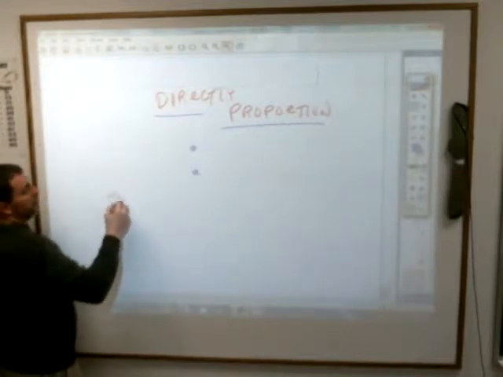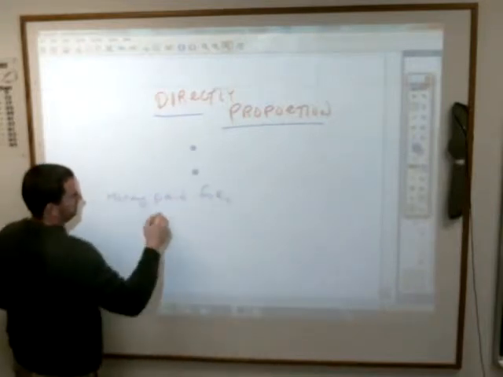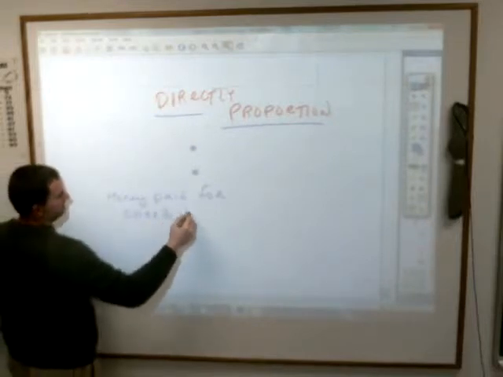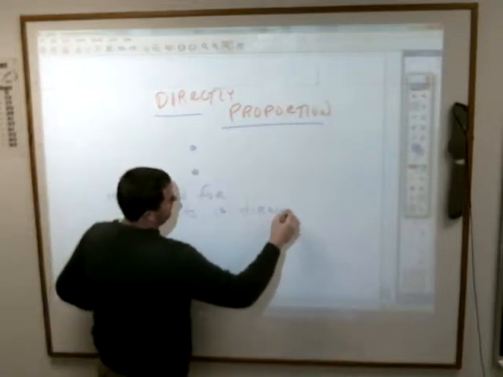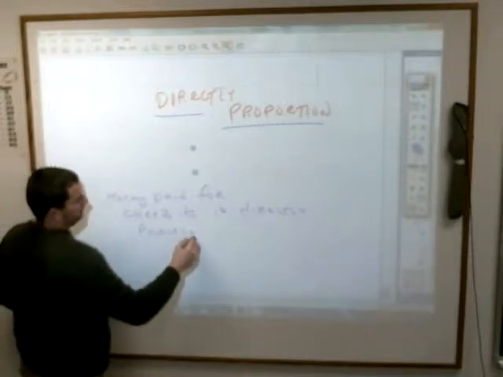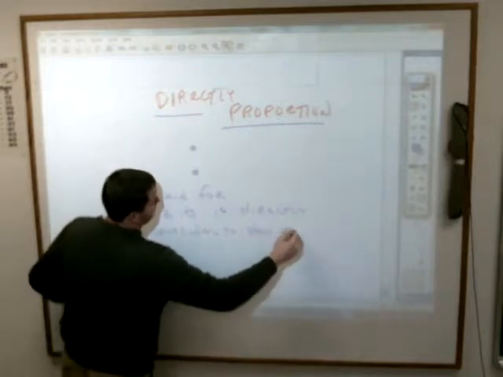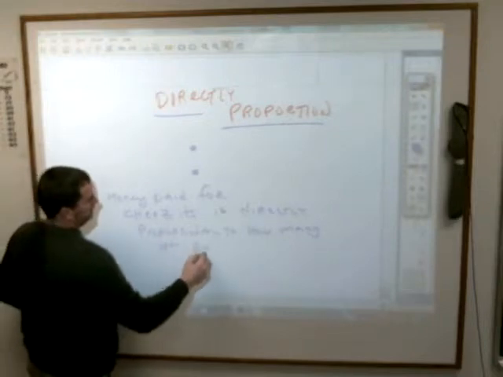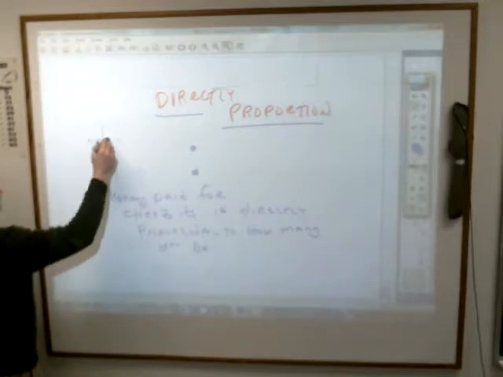The money you pay for Cheez-Its, I believe they spell them like this, is directly proportional to how many you buy. In other words, this. Let's just make a little table for this as well.